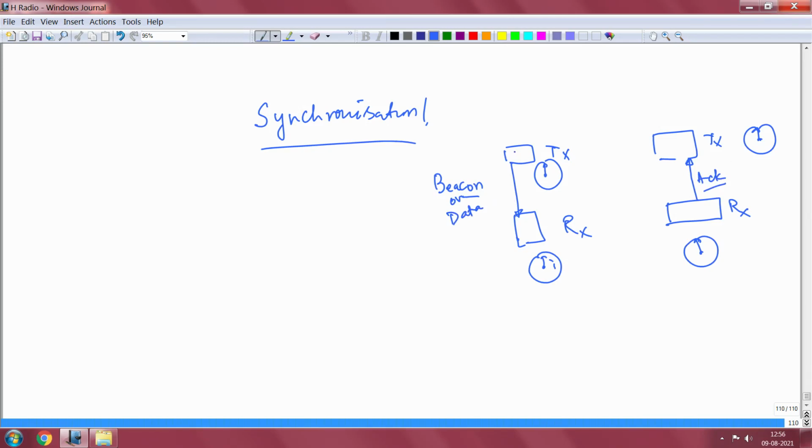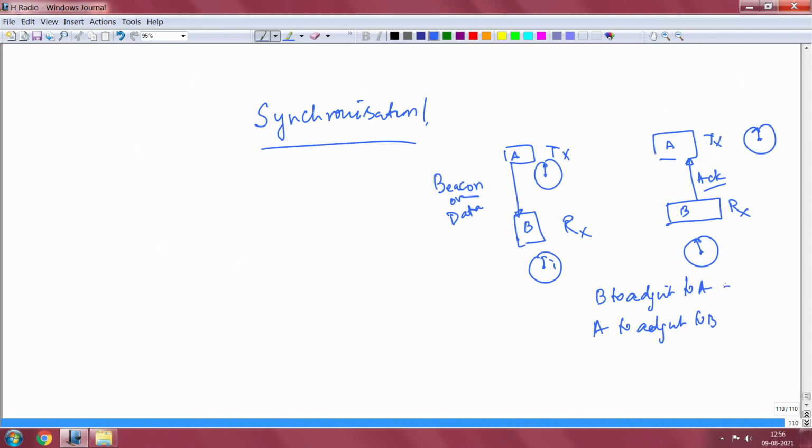This is the same node A to B and this is A B, but this time it is B to A which is a small ACK packet. Now, A can adjust to B's clock, either you adjust B to A's clock, B to adjust to A, or A to adjust to B.